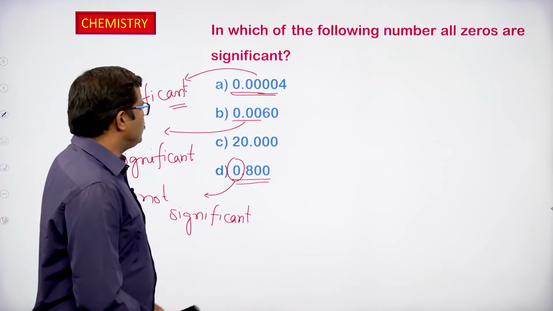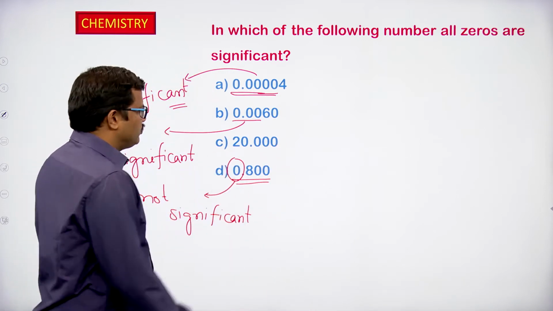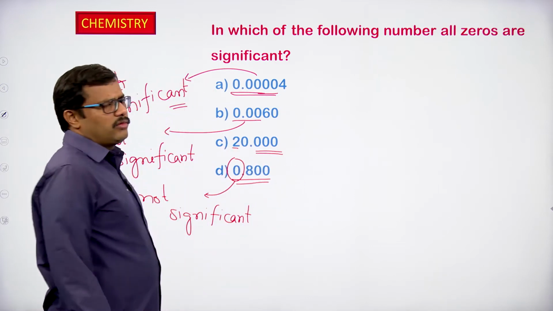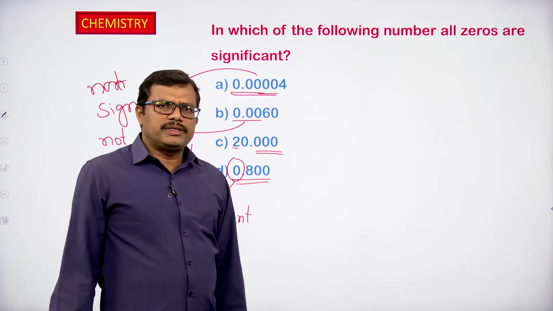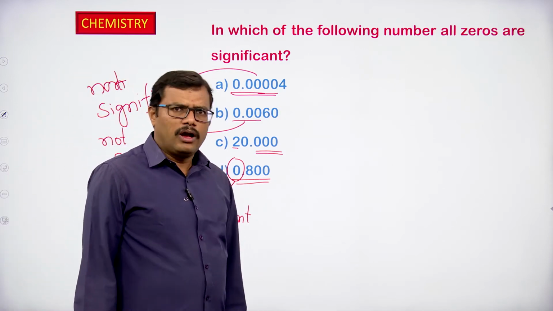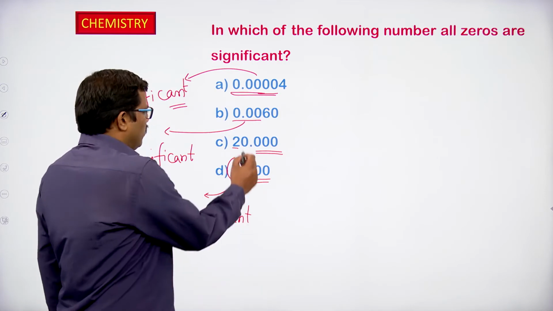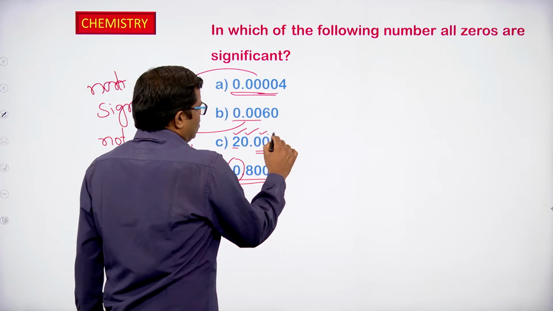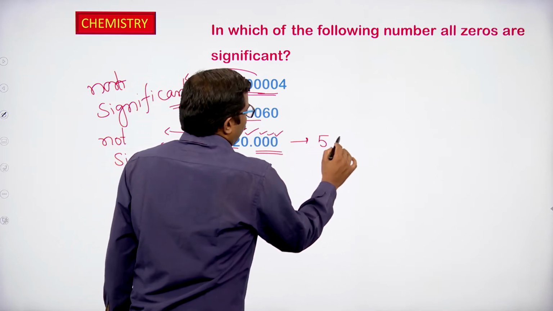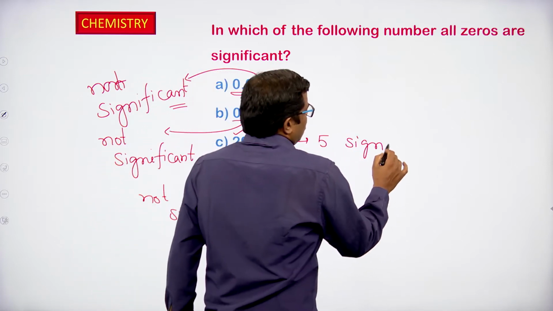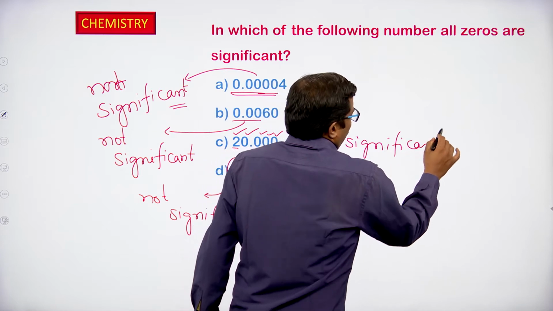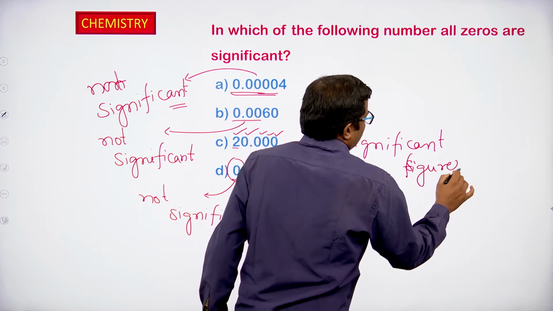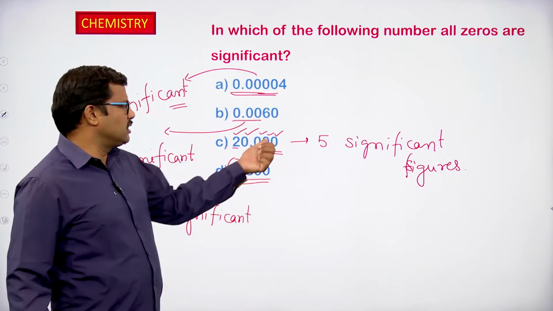Okay. If you observe option C, we have 2 followed by 0, then a decimal, and after the decimal point we have 3 zeros. The zeros present after the decimal point are significant. So, here we have the first non-zero digit significant, followed by all the zeros, which are significant. In total we have 5 significant figures in this case, and all the zeros are significant in this number.